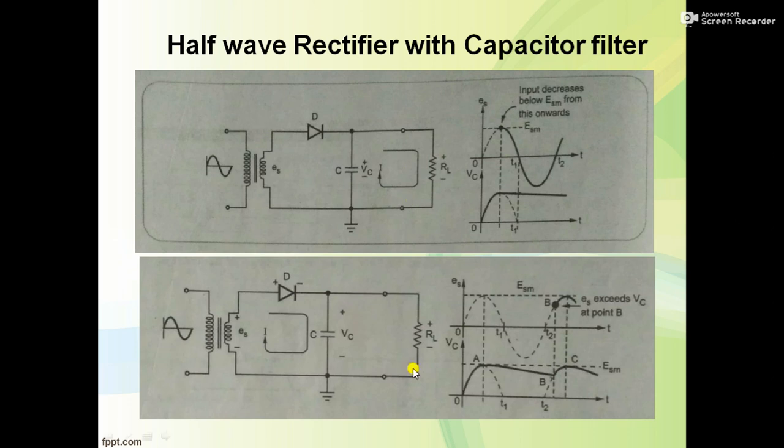In the half wave rectifier circuit, the capacitor is inserted between the diode and the negative ground. One terminal of the capacitor is connected to the negative of the diode, and the other is connected to the negative, that means the ground connection.